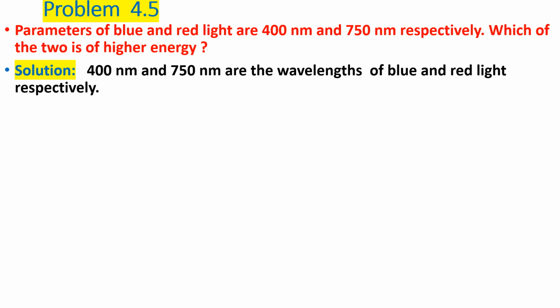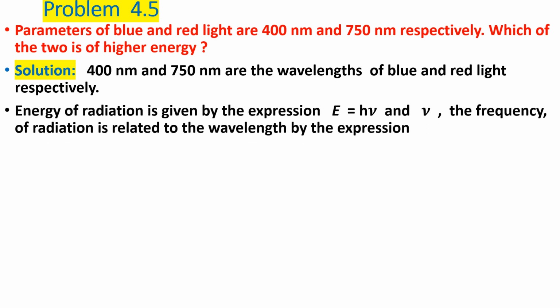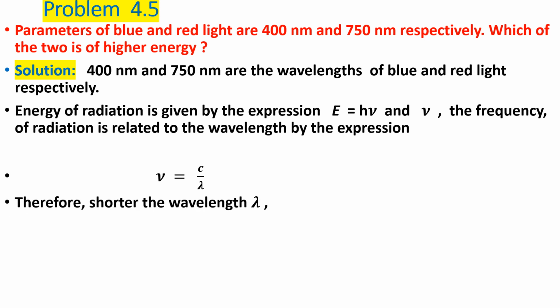400 nanometer and 750 nanometer are the wavelengths of blue and red light. The energy of radiation is given by the expression E is equal to h nu, and nu, the frequency of radiation, is related to the wavelength by the expression nu is equal to c upon lambda.